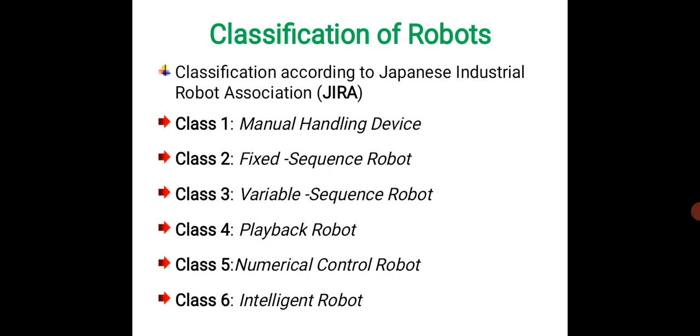You could understand from the name itself what it actually is. The playback robot is one where first you guide that particular robot to do the task, and immediately all those things get stored, and from the next time it operates, it will take all the commands it has stored, and it will automatically work.